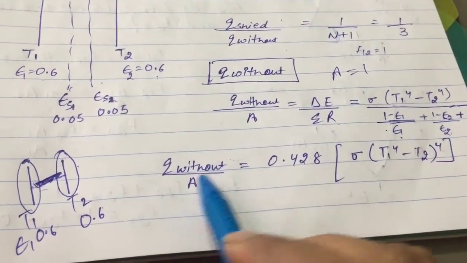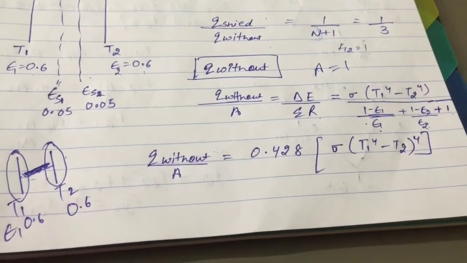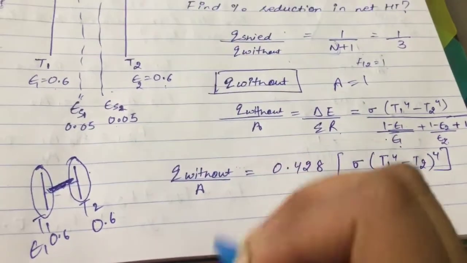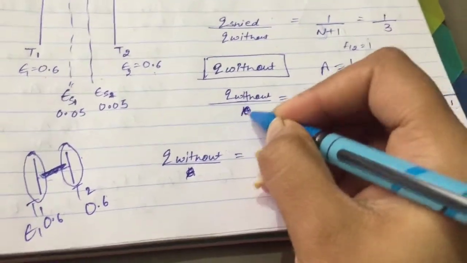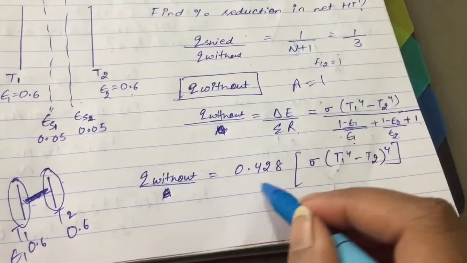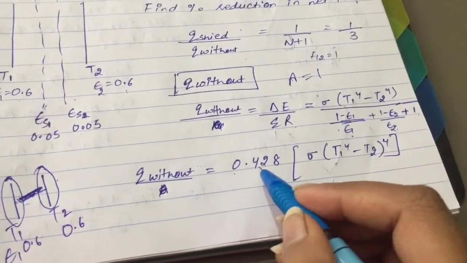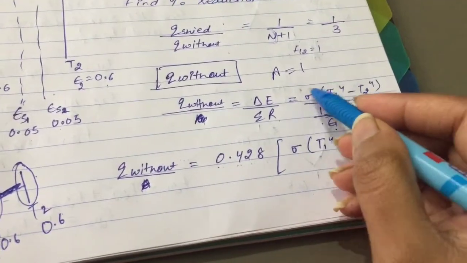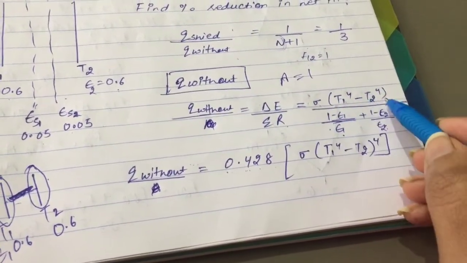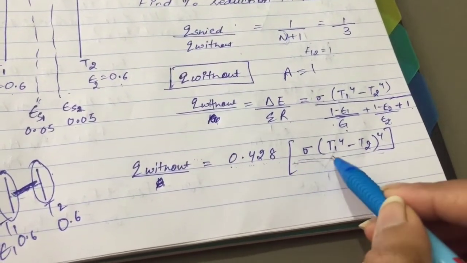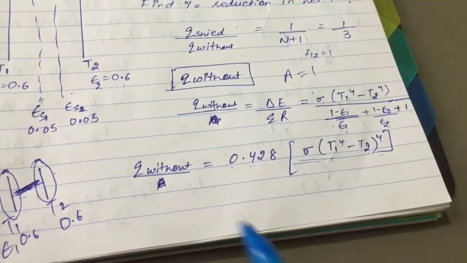So putting in the values, we get Q without shielding, with respect to area, as 0.428 into sigma into T1 to the power 4 minus T2 to the power 4. We don't know the values of sigma and temperature, so we are taking them as they are.